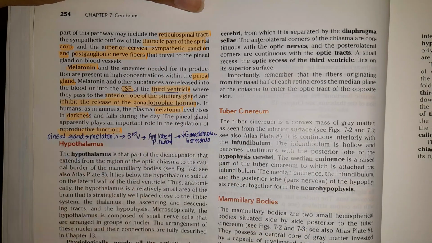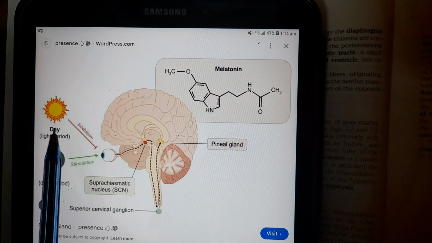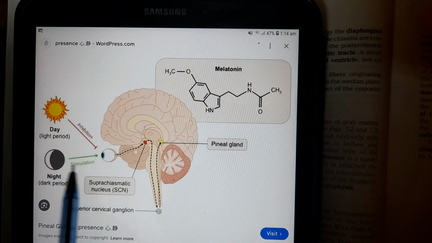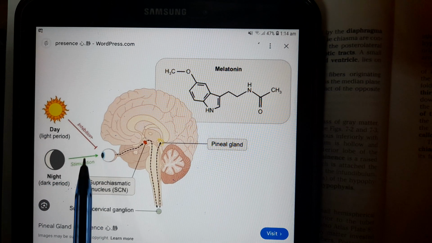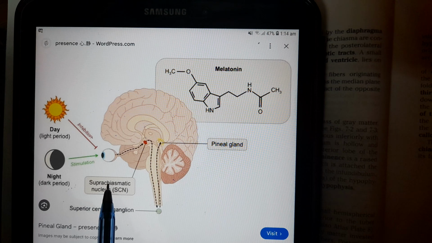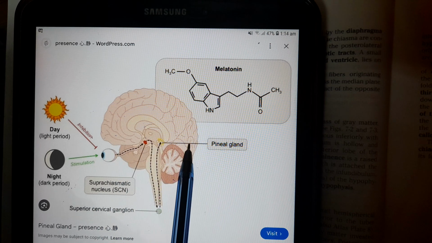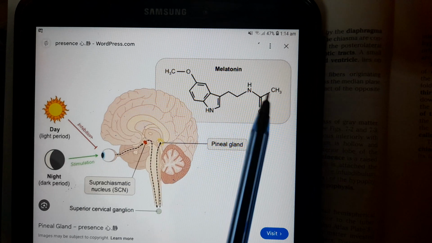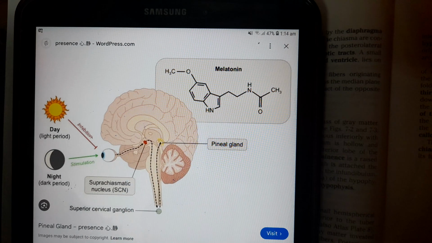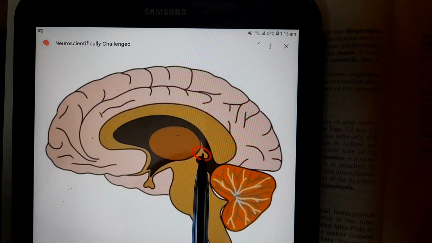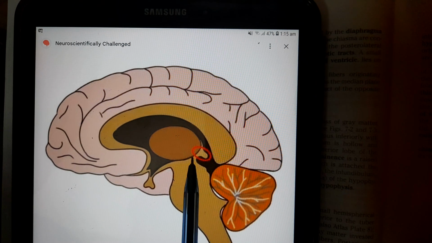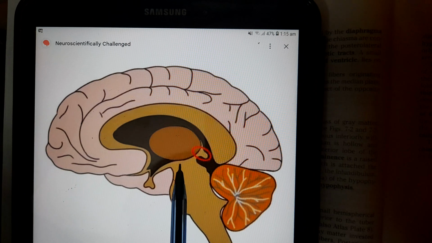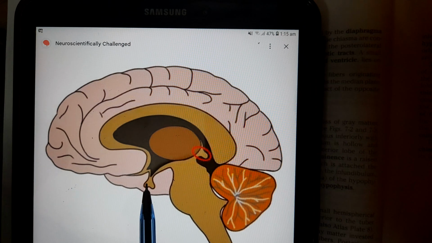So let's have a recap. Till now, we studied that daytime will cause inhibition, but at night time there will be stimulation. The suprachiasmatic nucleus will be stimulated. It will go to the pineal gland, and the pineal gland will now produce melatonin. The melatonin that is produced from this pineal gland will travel between the two thalami through the third ventricle, and it will reach the pituitary gland in its anterior region.